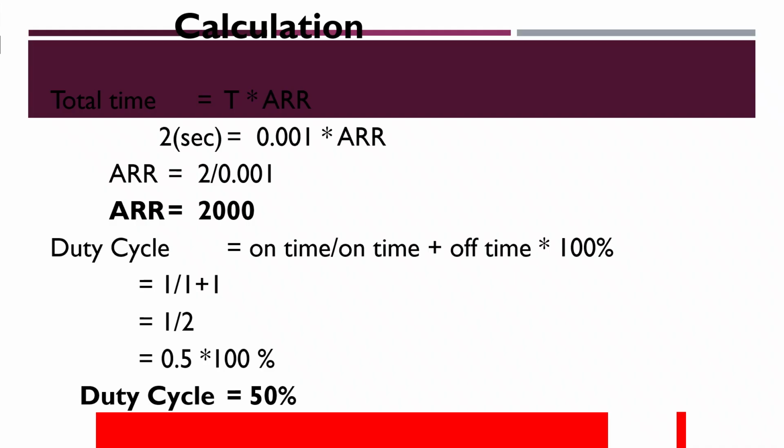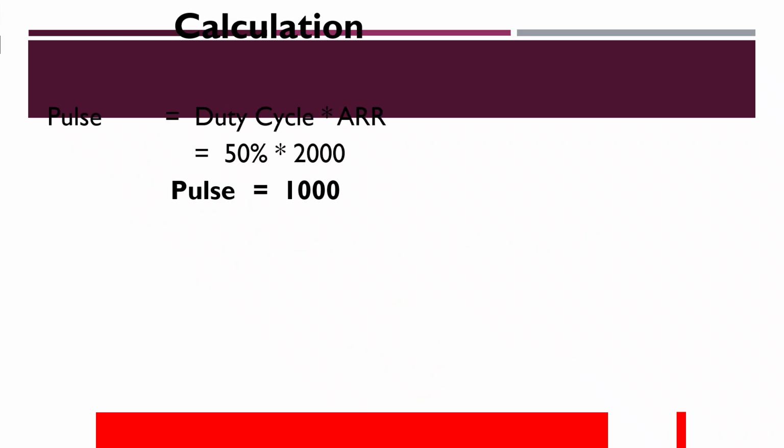So the 50% of cycle means you will get the graph like this. Okay, this is for 50%. So pulse duty cycle will be 50% of 2000, so we will give the pulses 1000.